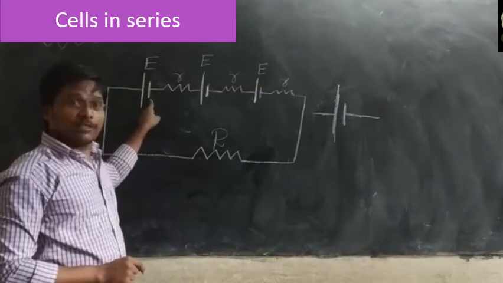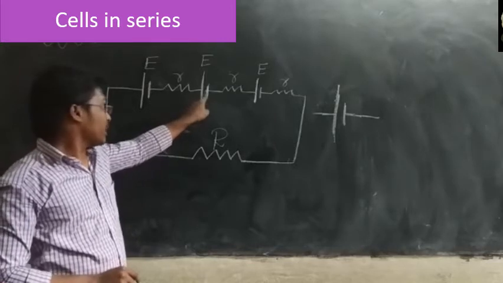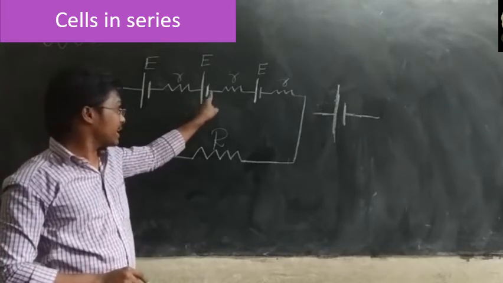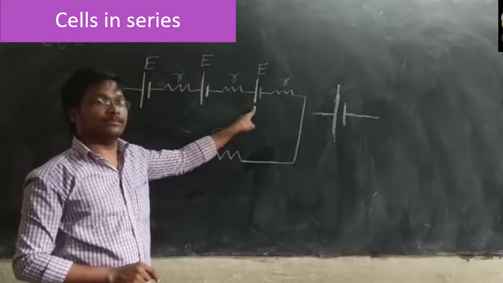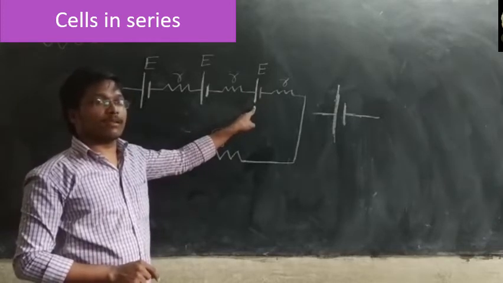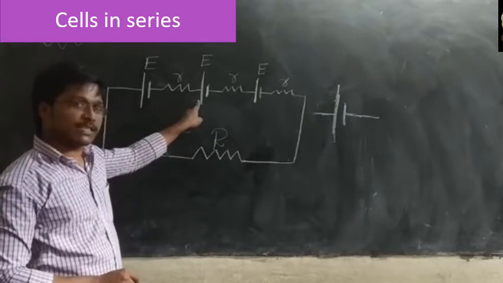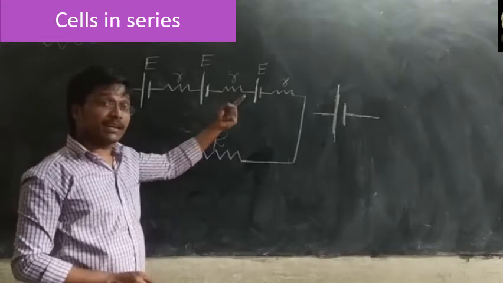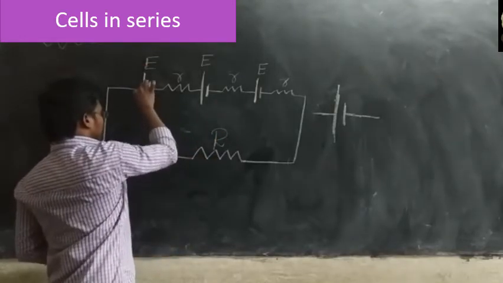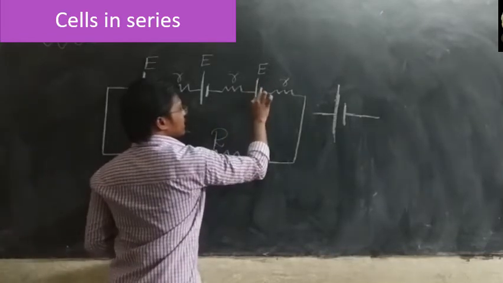So negative terminal to positive terminal is connected each time. What is remaining? This terminal is remaining, and this one is remaining.